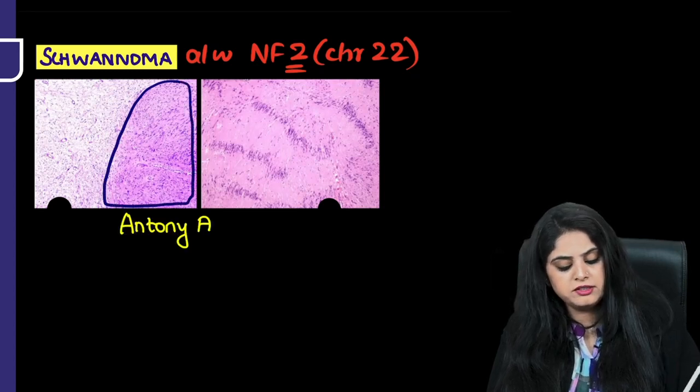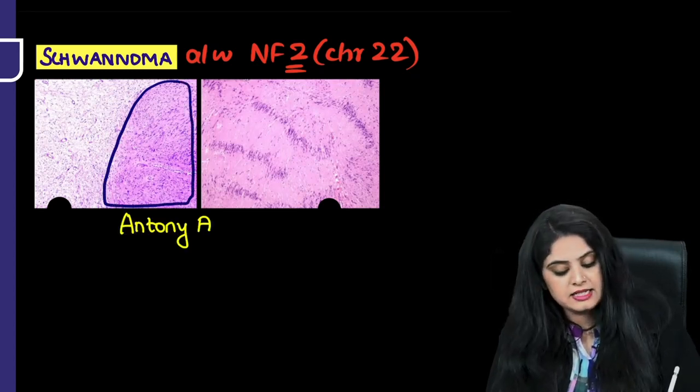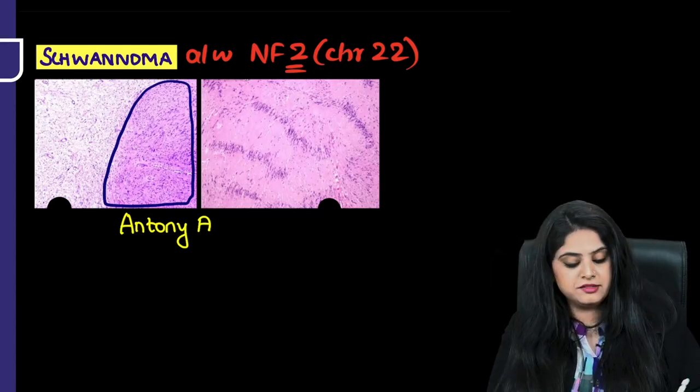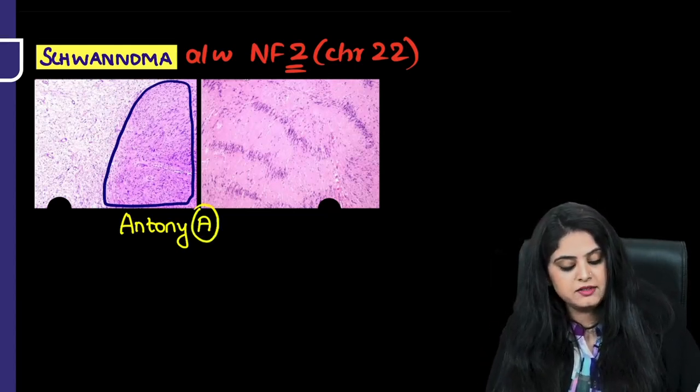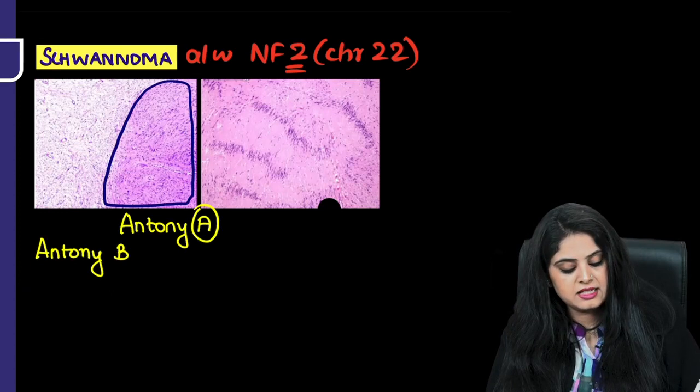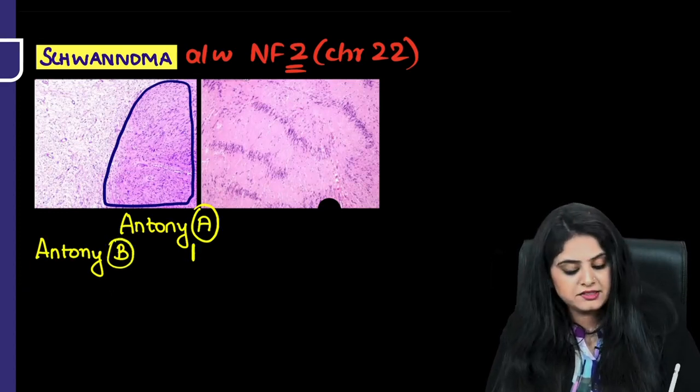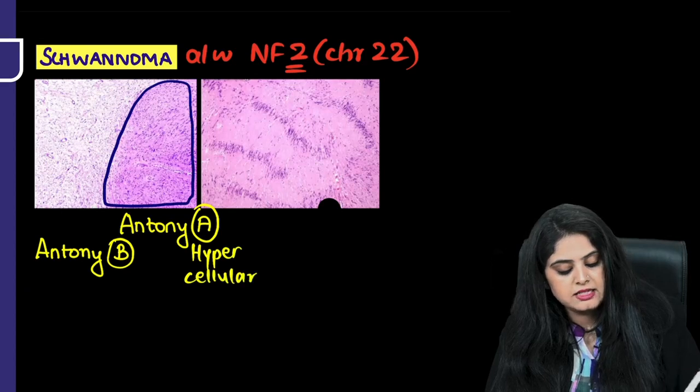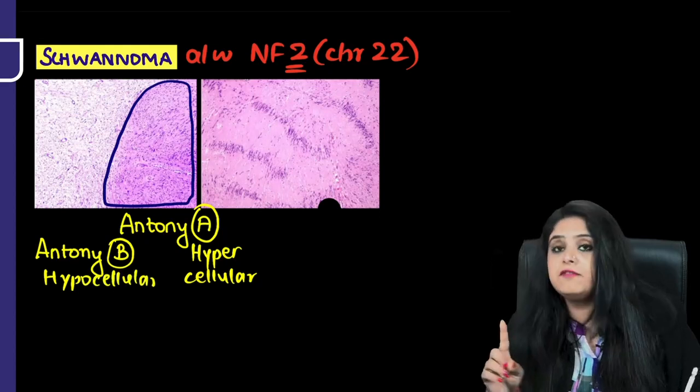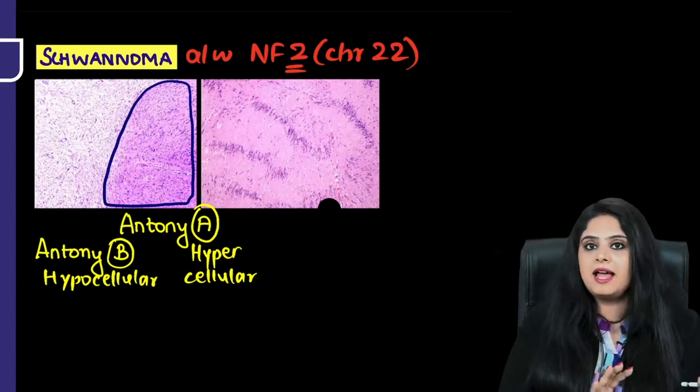A lot of cells means it is Antoni A area. Antoni A, as I can see, a lot of cells. A for a lot of cells. The other one is looking very, very blank. That is Antoni B area, totally blank. Can I say Antoni A area is hypercellular and Antoni B area, that is blank, is hypocellular? Remember, A for a lot of cells, B for blank.